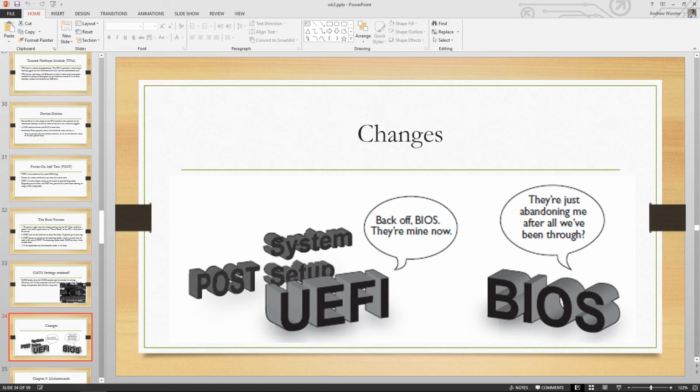So UEFI is the new technology, and you can usually tell the difference visually before even functionality. UEFI is a lot prettier. It has a lot more visual features to it. BIOS is functional and it looks ugly as heck. It's been around forever, but it still works. So if you see one with BIOS, it's not wrong.